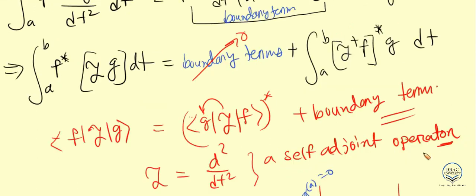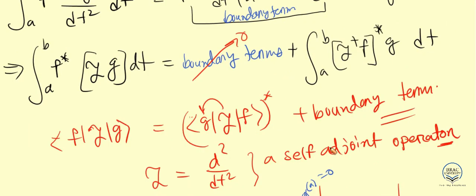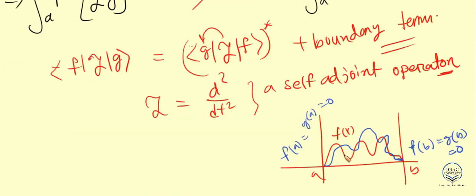And not only that, our derivatives over here can also be taken to be 0, but not always. So instead of taking the derivatives to be 0, it's better to stick with the functions you are defining, and you say that the endpoints are not varying.